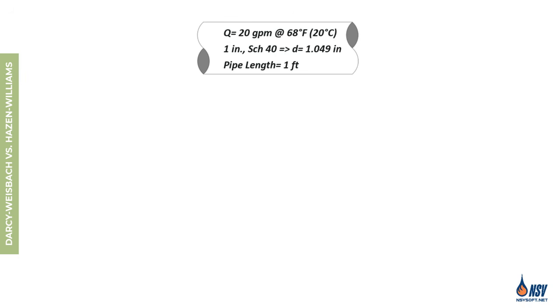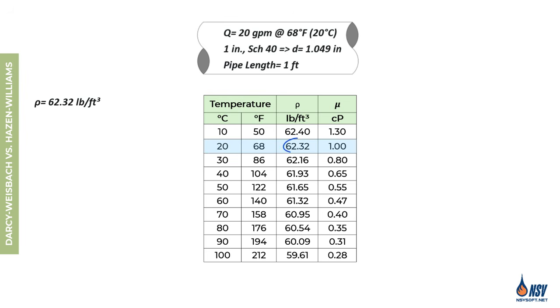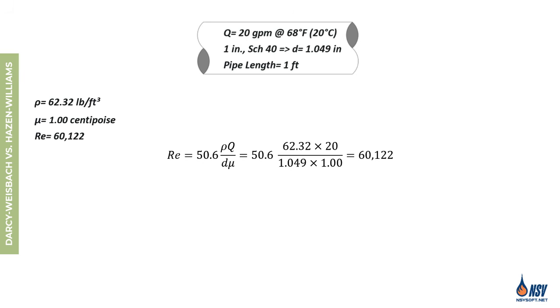We'll calculate the friction loss for 20 gallons per minute flowing through a 1-inch Schedule 40 pipe at 68 degrees Fahrenheit. First, we pull the water's density and dynamic viscosity from thermodynamic tables at that specific temperature, which allows us to calculate our Reynolds number.